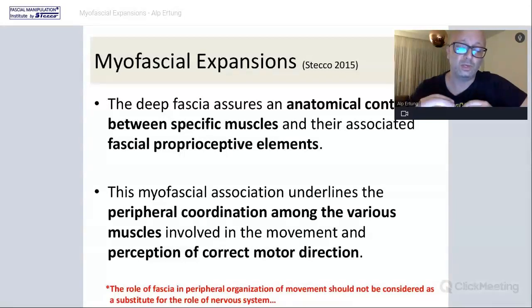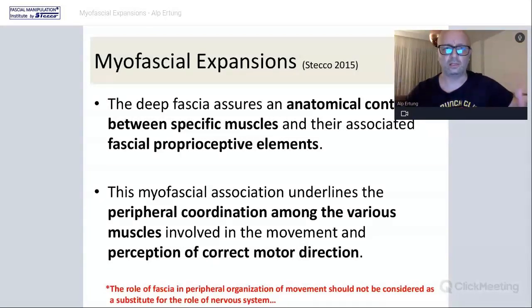And with the help of the fascial system, with the proprioceptive elements it includes. So this myofascial association underlines the peripheral coordination among the various muscles involved in the movement and perception of correct motor direction. Because of these receptors located in the fascial system, it's not homogeneous, by the way.